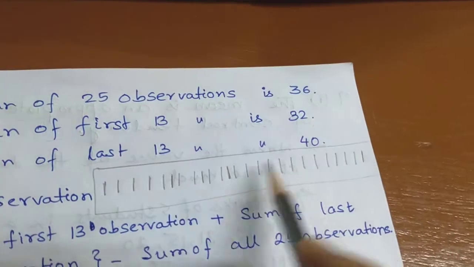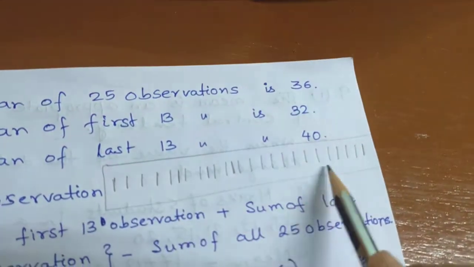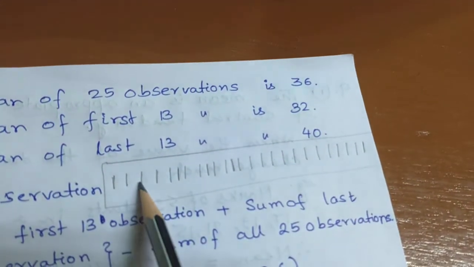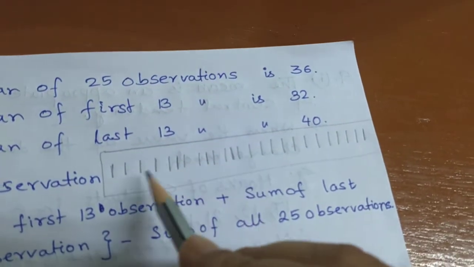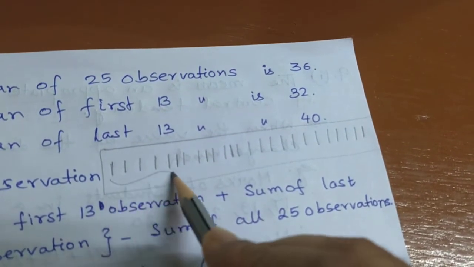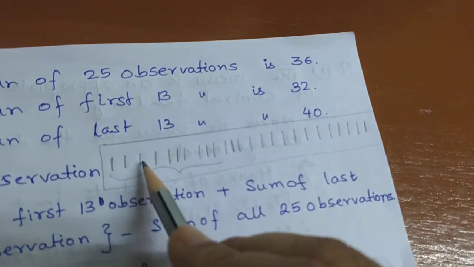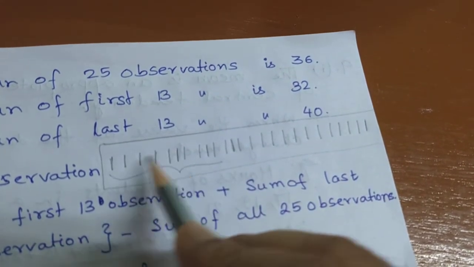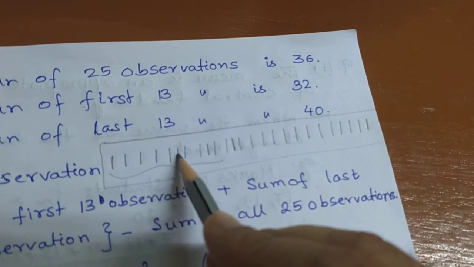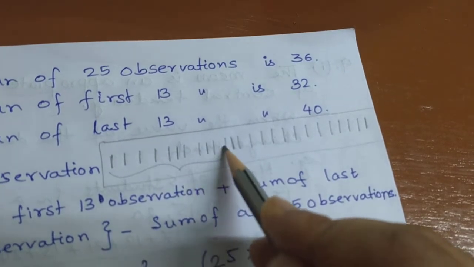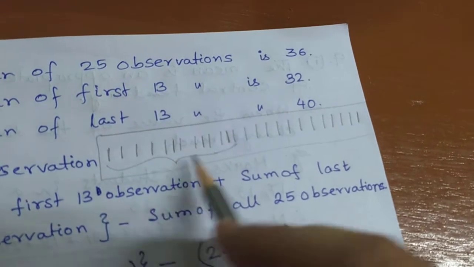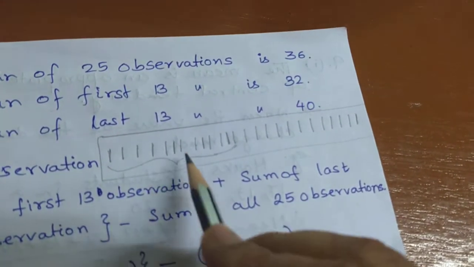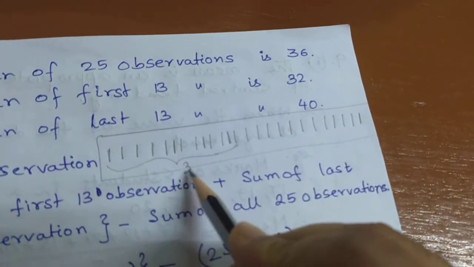Now consider this diagram. There are 25 observations. 1, 2, 3, 4, 5, 6, 7, 8, 9, 10, 11, 12, 13. Look, this is the first 13. Suppose the first 13 observations have mean 32.